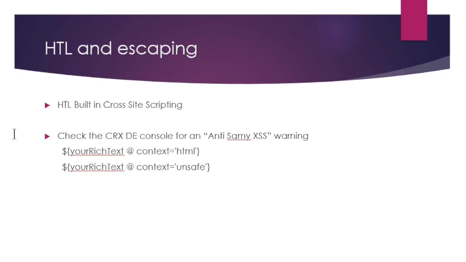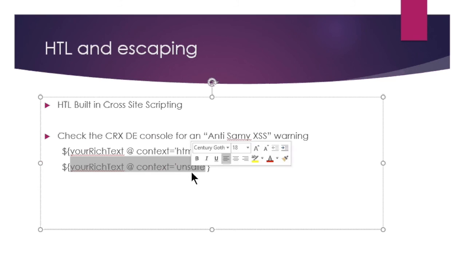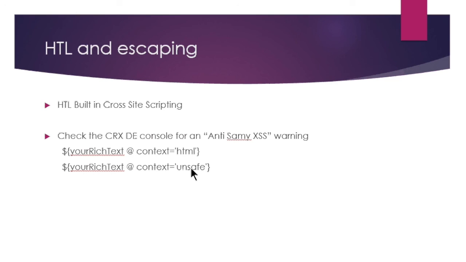So I'm not going to render that text as written. And when that happens, know that what you need to do is add context HTML or add context unsafe. Now, when you use these context HTML and context unsafe, you need to be careful. You need to watch out that the author, I should say, enters valid information.